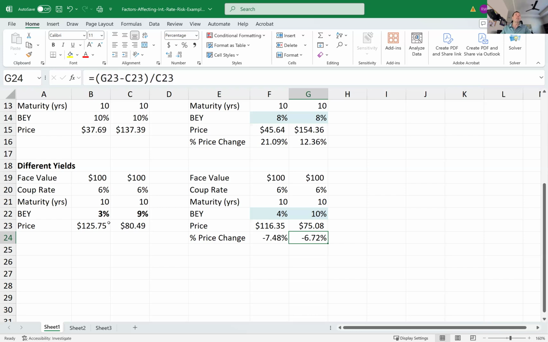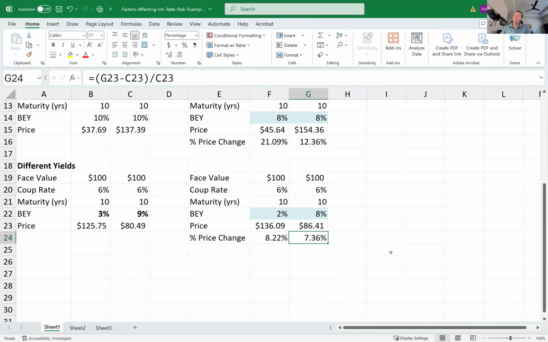And we can see the same thing happens if interest rates go down by 1%. So let's suppose interest rates go down from 3% to 2% here. Price of the bond goes up. Interest rates go down from 9% to 8% here, and the price of the bond goes up. So both bonds, the price went up, but A went up by more. It went up by 8.22% compared to bond B, went up by 7.36%.